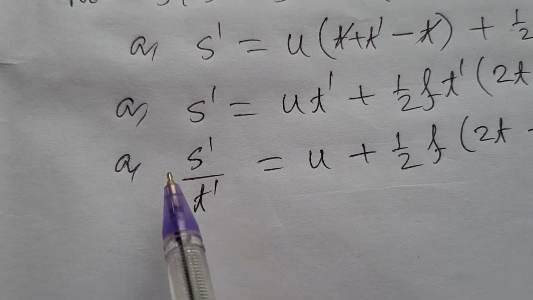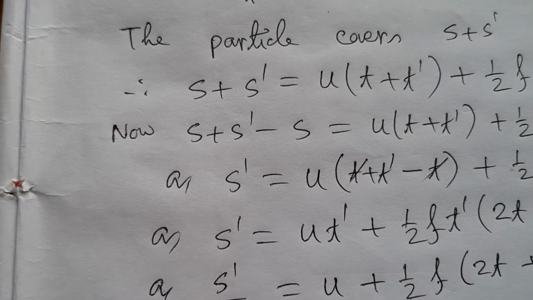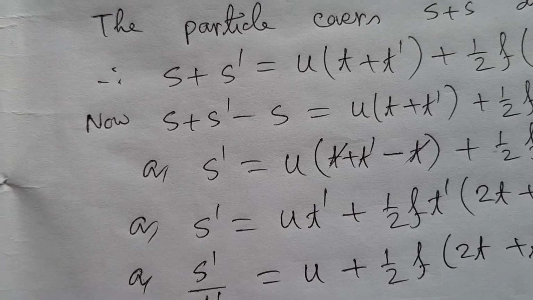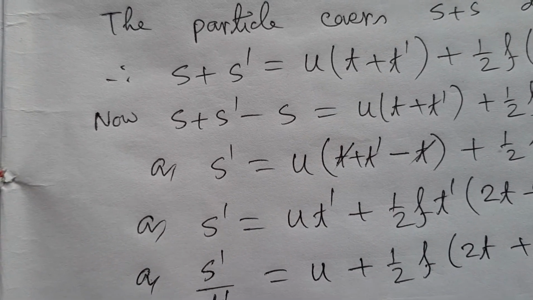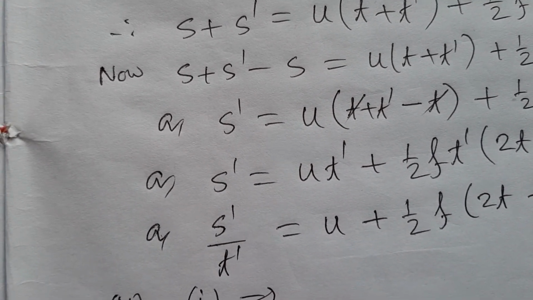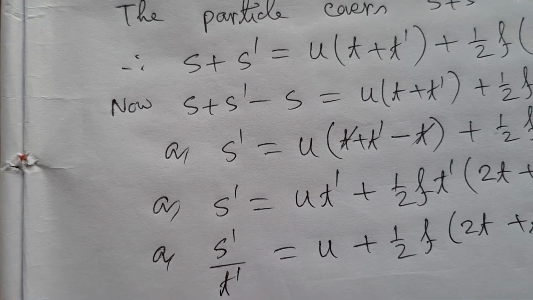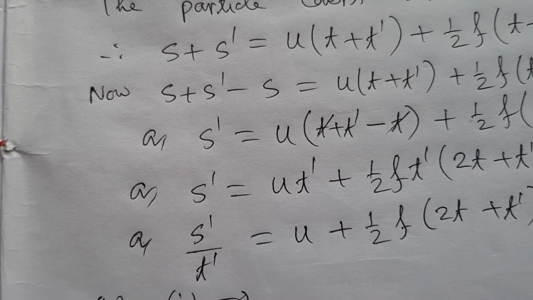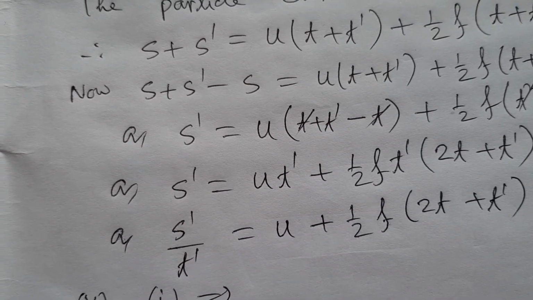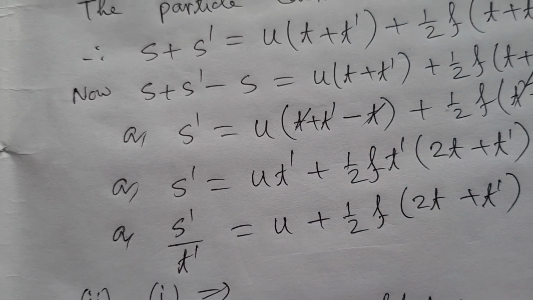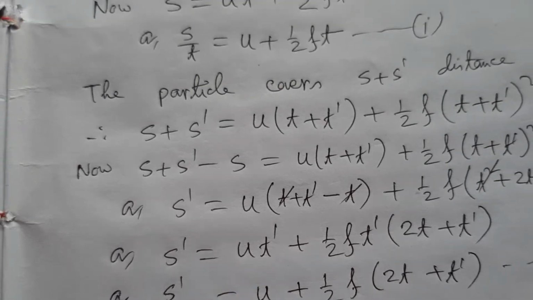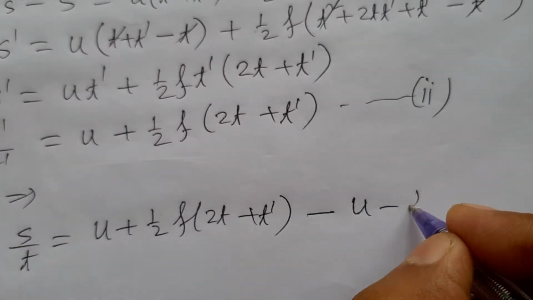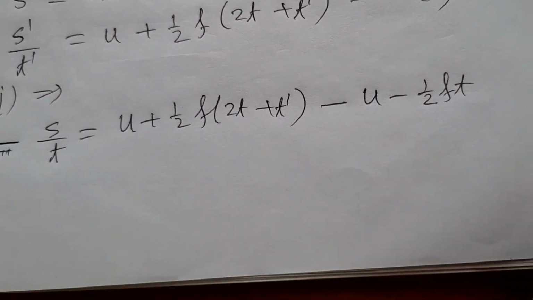Then we get s prime by t prime minus s by t is equal to, on the right side, u plus half of f into twice t plus t prime, minus u minus half of ft.